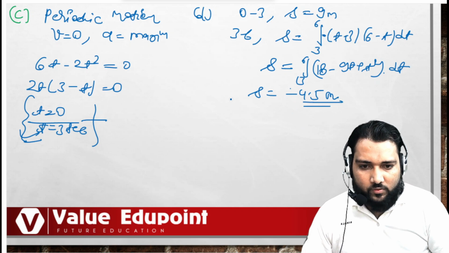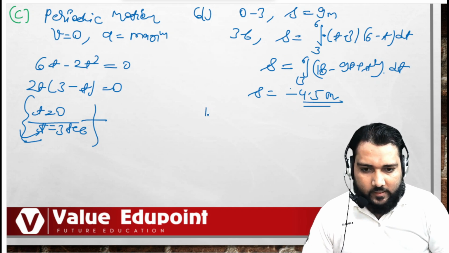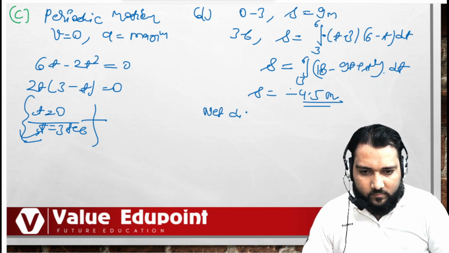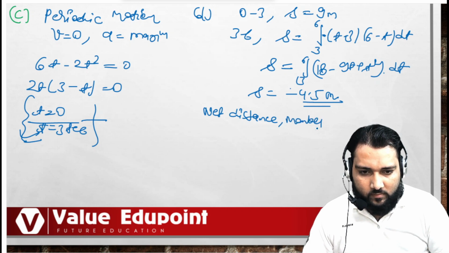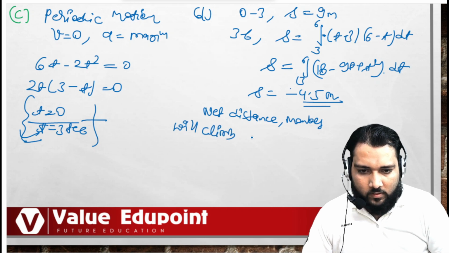Okay, guys, so the net distance that the monkey will climb is equal to 9 minus 4.5.